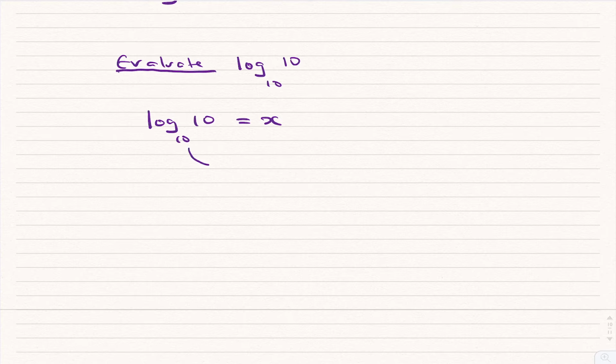Then we need to raise, and the answer will be equal to that. So we get 10 to the power of x equals 10.